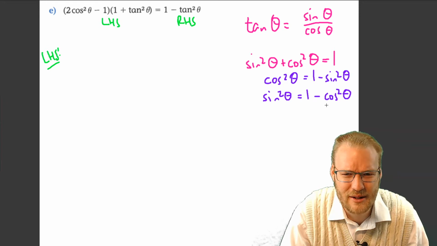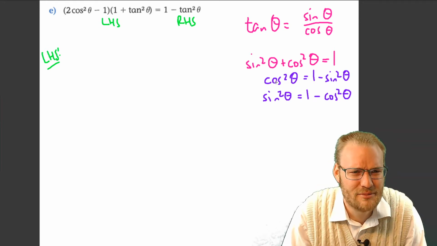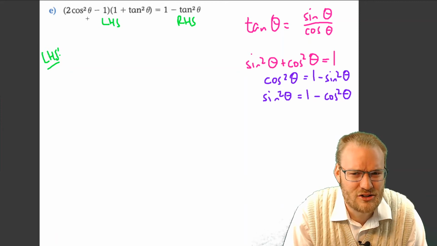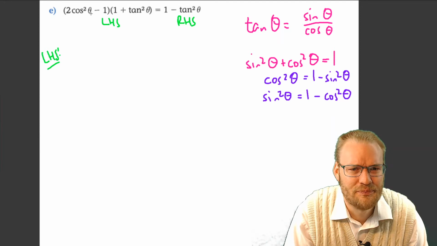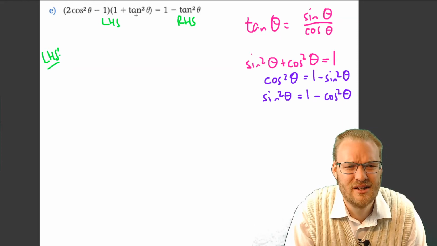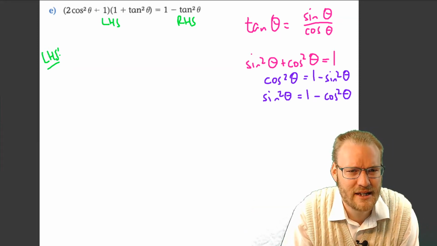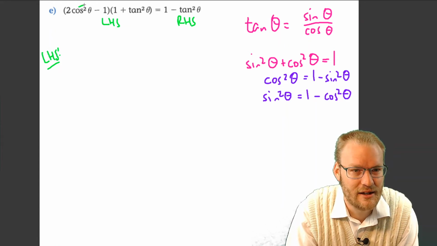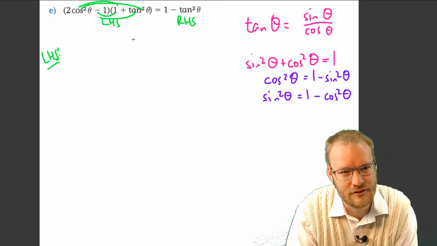We could manipulate one of these, but it's probably going to make it more complicated, because changing cos squared to sine squared is hardly going to make this simpler. And 1 plus tan squared, there's a tan squared there, so let's not change the tan squared yet. That is my thinking, that I can see I'm going to multiply to get a tan squared. So let's just multiply this bracket by that bracket, every term by every term.